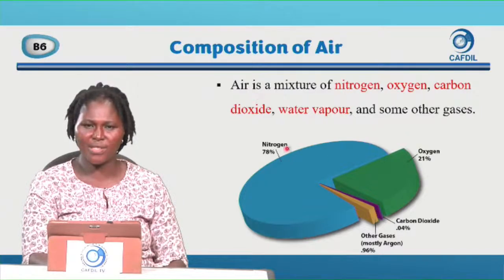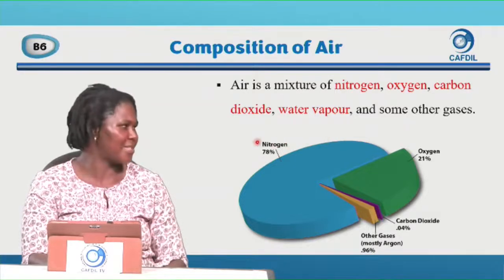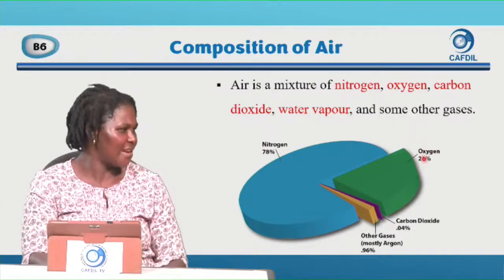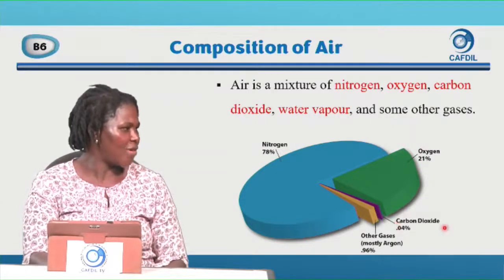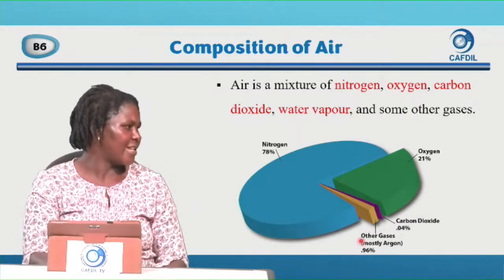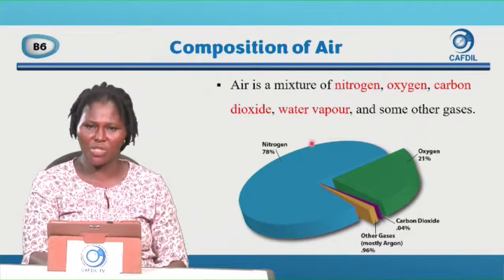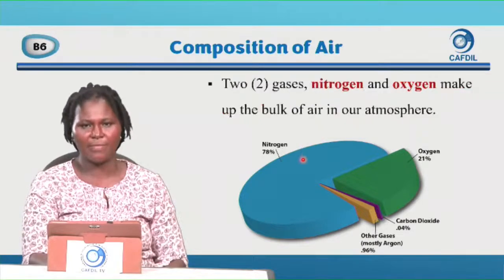So when we consider air to be in a circle, we have nitrogen 78%, oxygen 21%, carbon dioxide 0.04%, and other gases, mostly argon, 0.96%. So these are the composition of air.